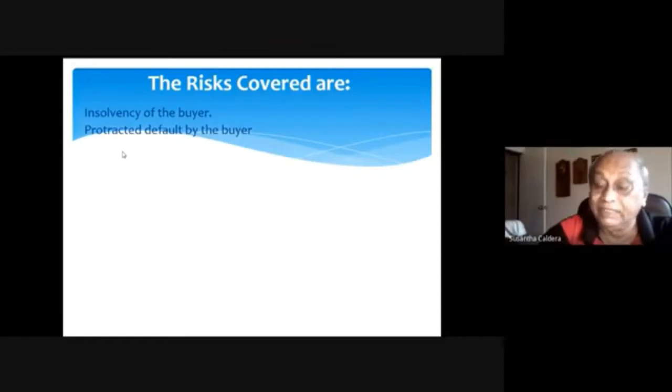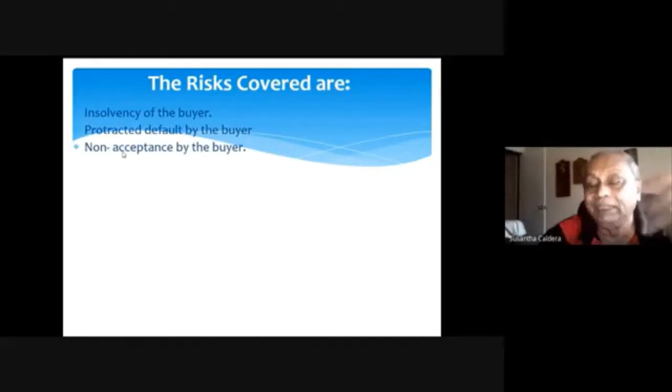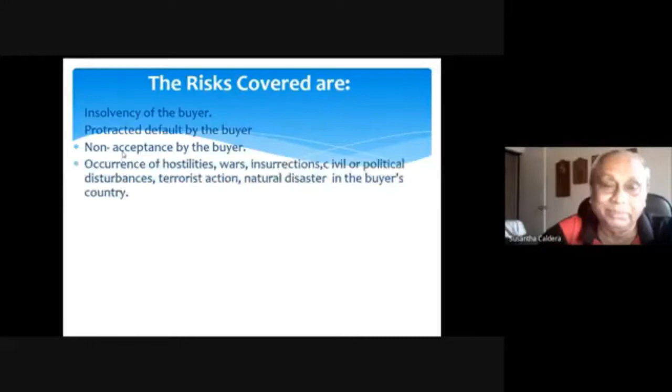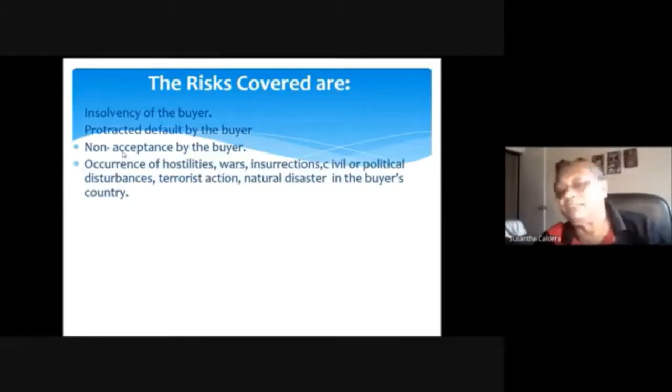If the buyer tries to default on the payment, you can claim. Non-acceptance by the buyer, where by the time we have sent the documents, he had not accepted. Occurrence of hostilities, wars, insurrections, civil unrest, political disturbances, terrorist attacks, natural disasters in the buyer's country.